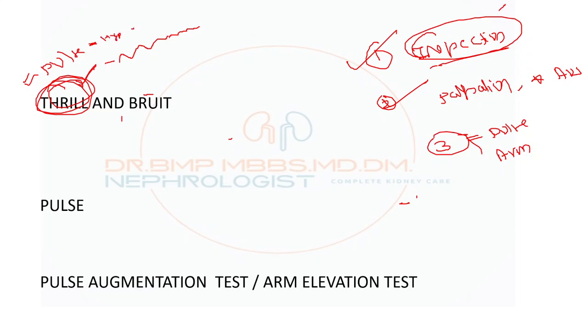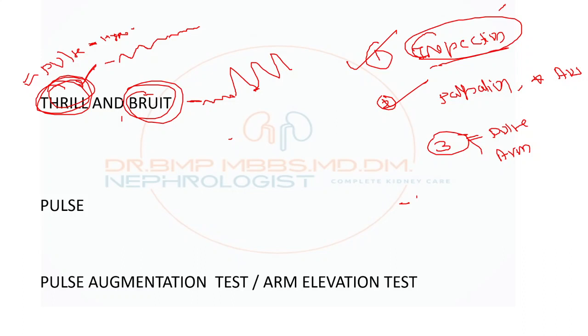If it is hyperpulsatile, that means there might be some outflow tract obstruction. On auscultation, there is a hissing sound, similar to a PDA murmur. A continuous murmur will be there. If there is a gap in the murmur, that means some kind of inflow obstruction or outflow obstruction is there.